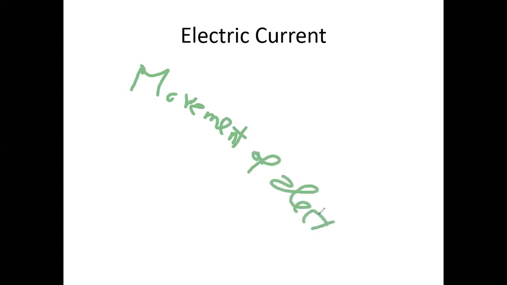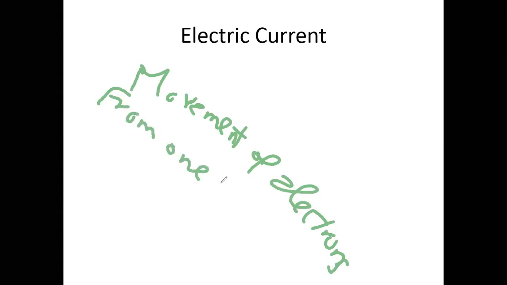The current is the movement of electrons from one point to another.